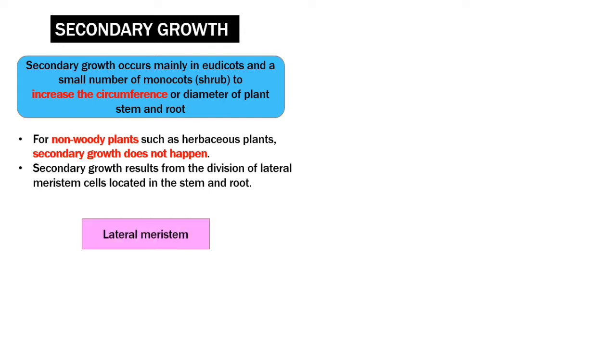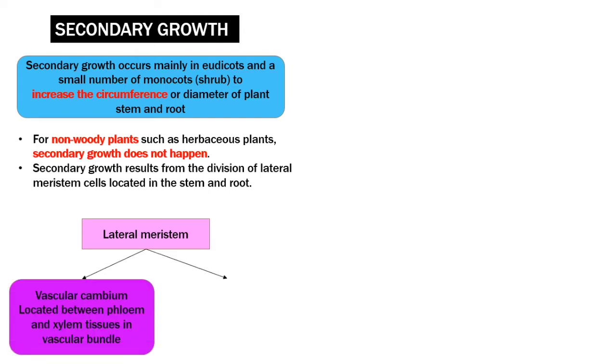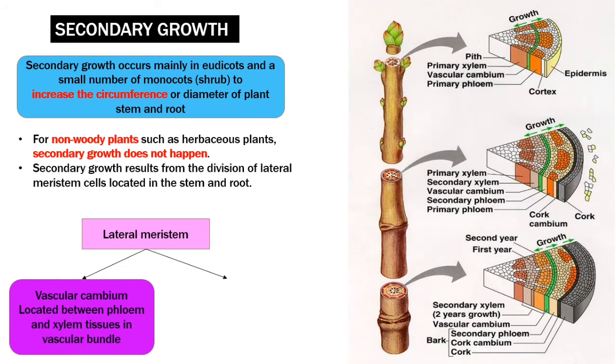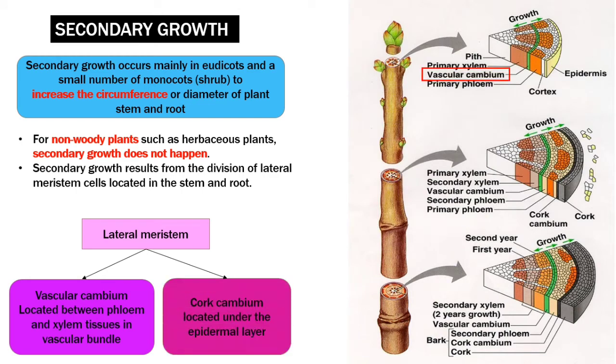What is lateral meristem? Lateral meristem is divided into two. First, vascular cambium, located between the phloem and xylem tissue in the vascular bundle. So, this is the location of vascular cambium. The second one is cork cambium, located under the epidermal layer. So, this is the location of cork cambium.